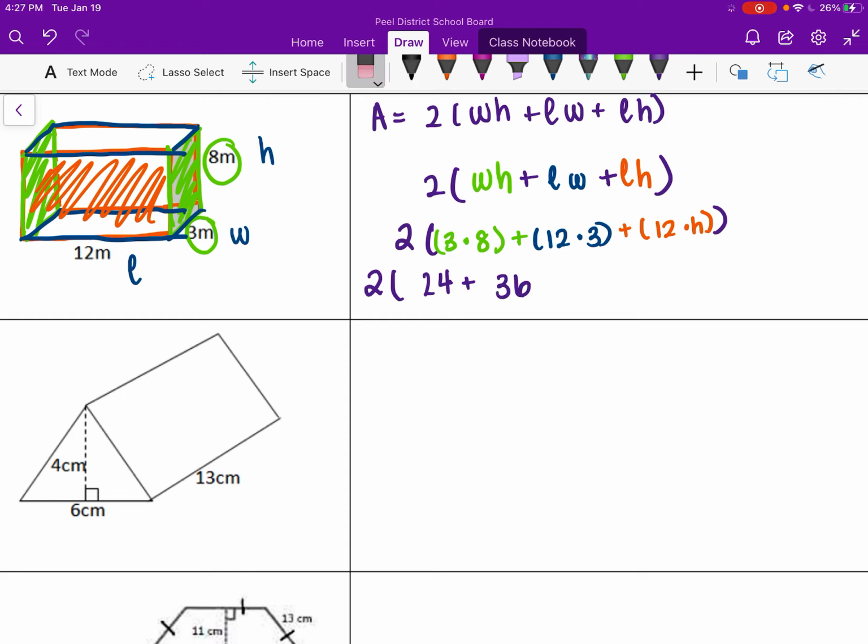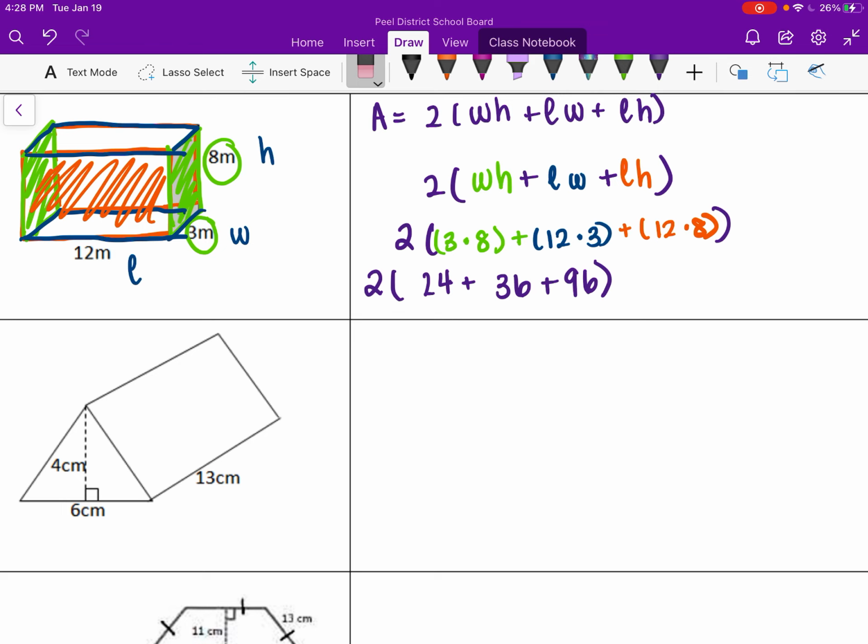Sorry, I forgot to put that in. 12 times height, which was 8. Okay. And I'm just going to do 12 times 8 is equal to 96. Right? Gotta always add everything in the brackets first. 36 plus 96 plus 24. So then I have equals 2 times 156.